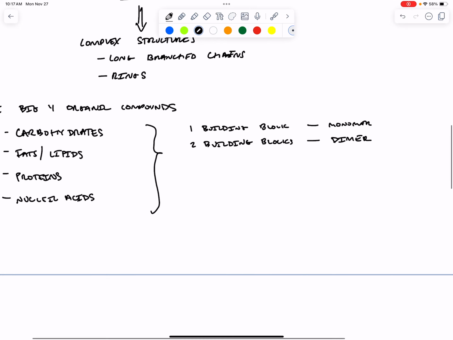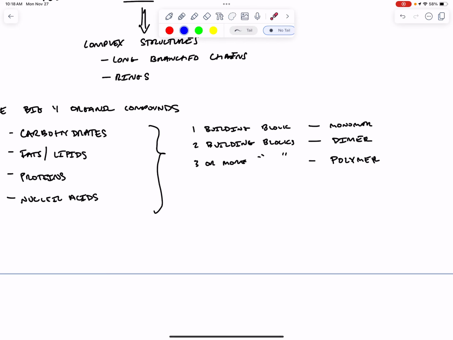If you have 3 or more building blocks here, you have what's called a polymer.